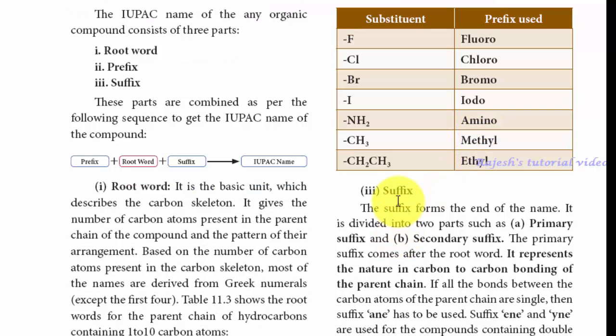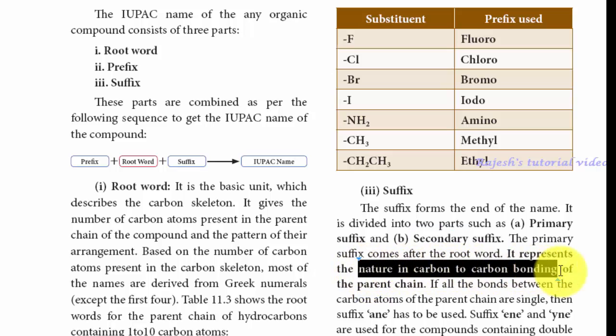Next is the suffix. The suffix forms the end of the name. This suffix itself has two parts, primary suffix and secondary suffix. The primary suffix is added immediately after the root word. It represents the nature of carbon to carbon bonding of the parent chain.